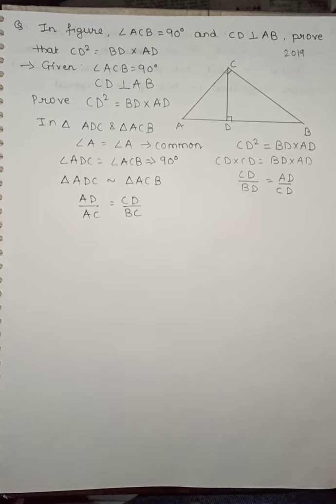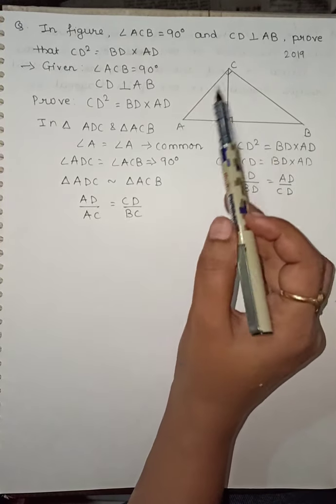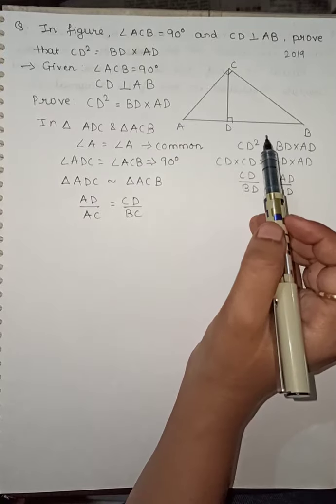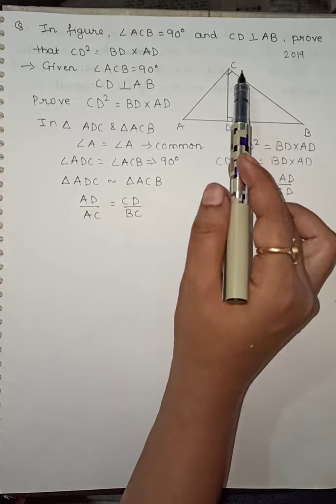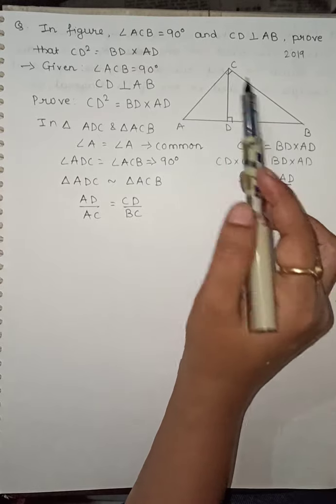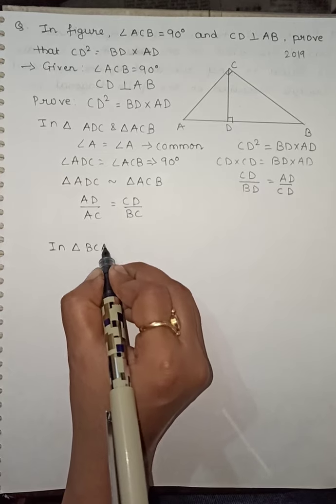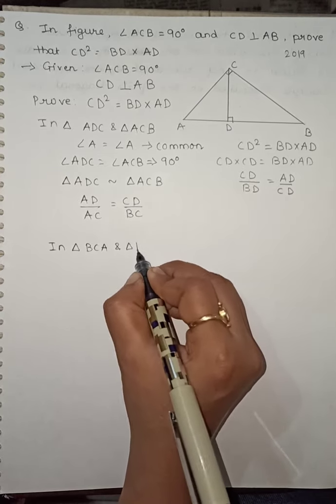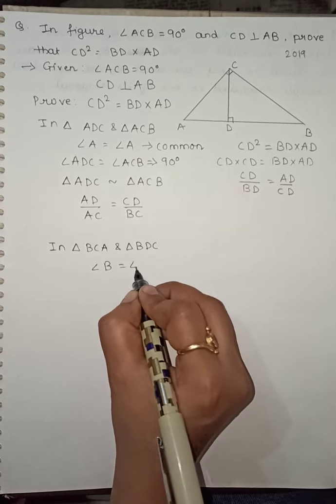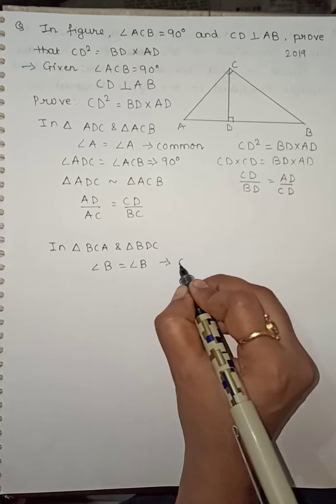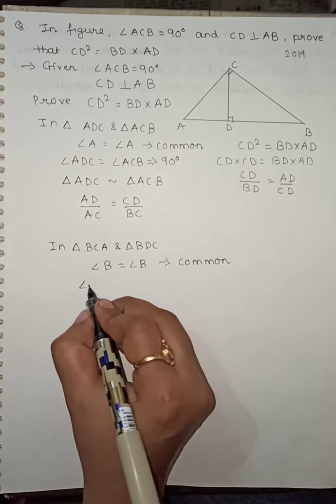Now let us show another triangle similar with the outer triangle. Which is the triangle? Triangle BCA and BDC. In triangle BCA and triangle BDC, again there is one common angle, that is angle B, whereas there is one angle which is 90 degrees.